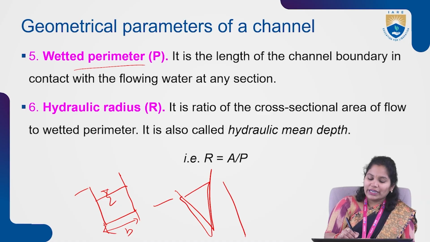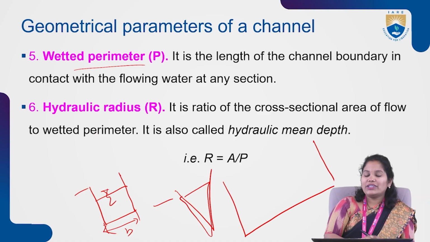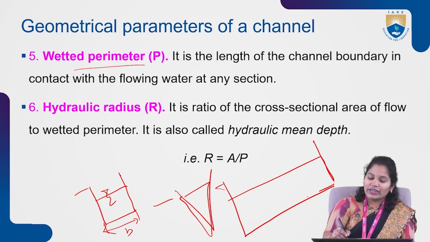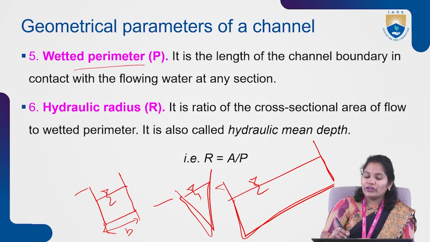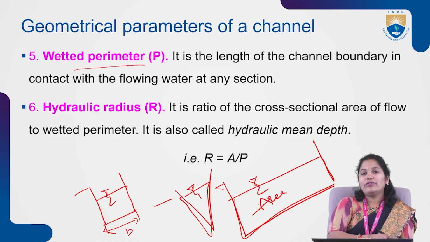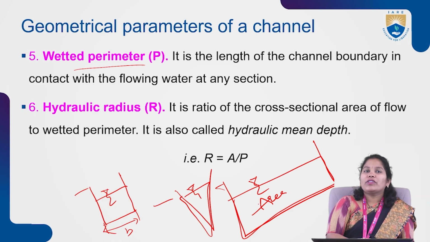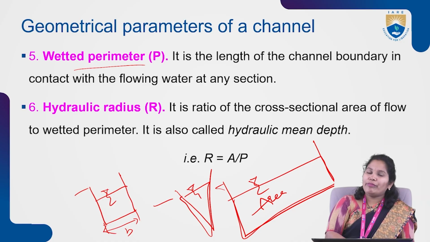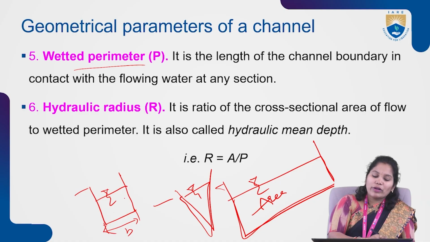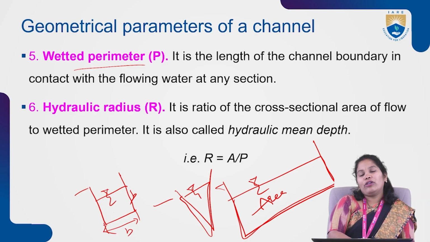If it is a rectangle, this is your wetted area. If it is a square, the wetted area is side into side. So depending upon your geometry, you calculate both area and perimeter.